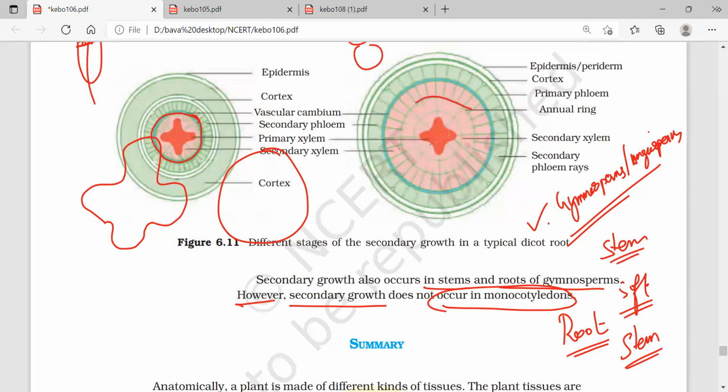Is this it? Yes, sir. Dicotyledon plants only.